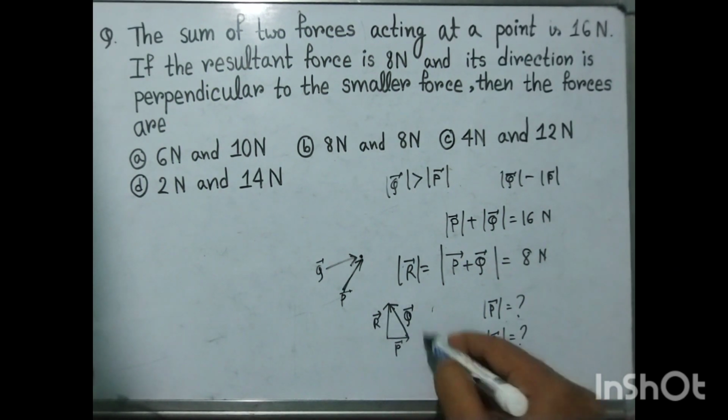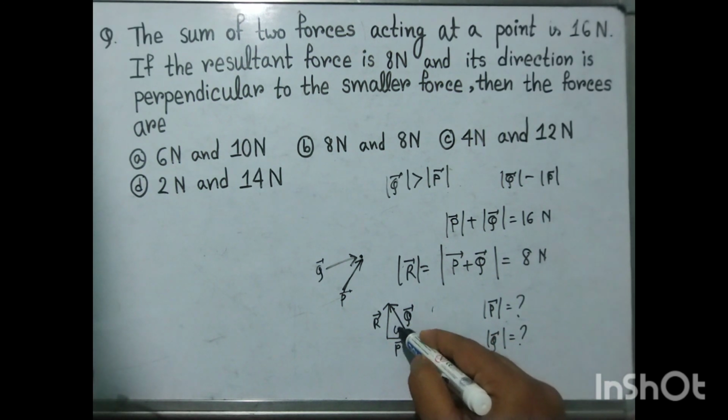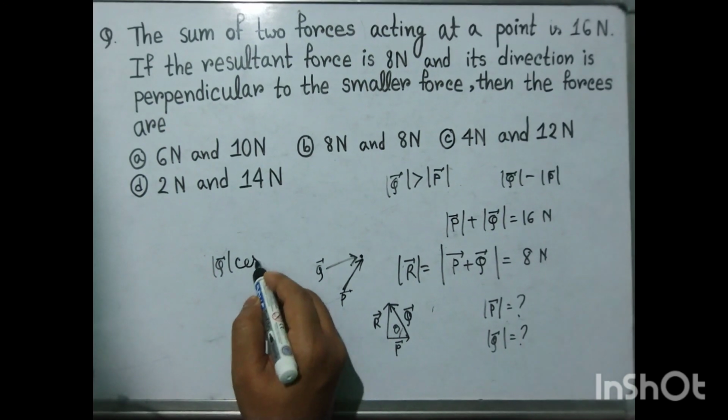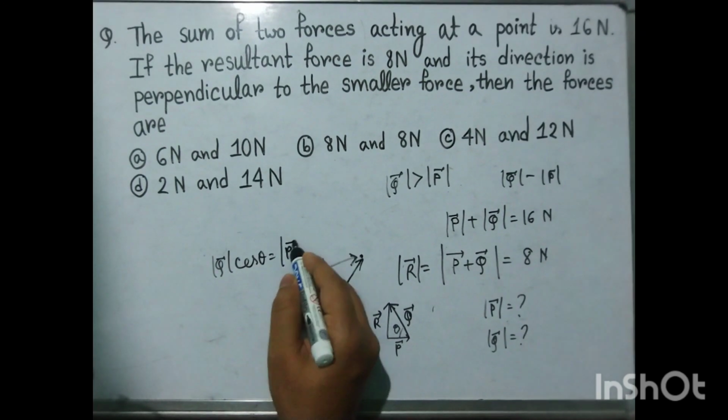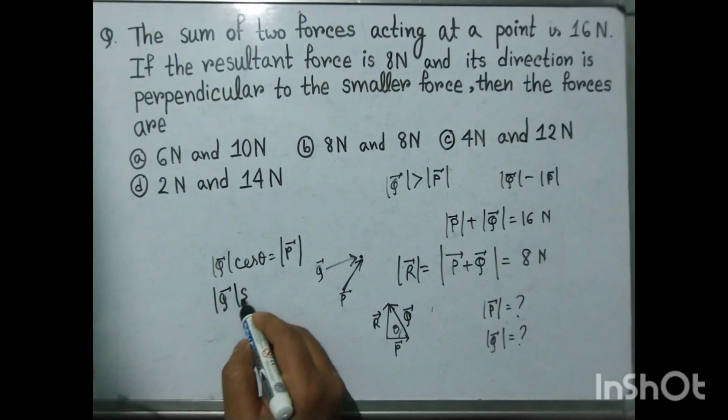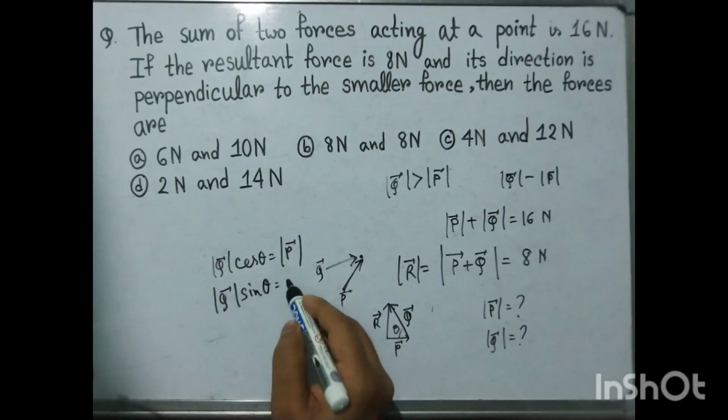Okay, now from this information, suppose this angle is theta, then mod q cos theta is equal to mod p, and mod q sin theta is equal to mod r.